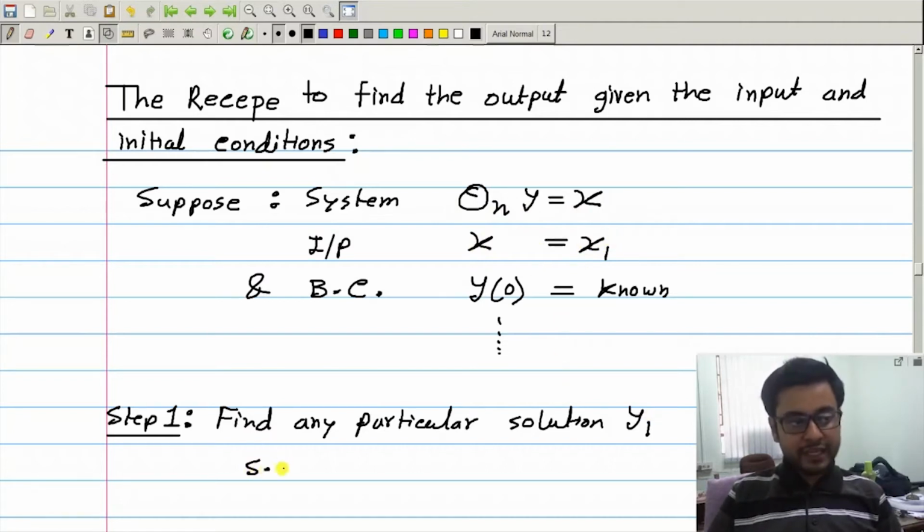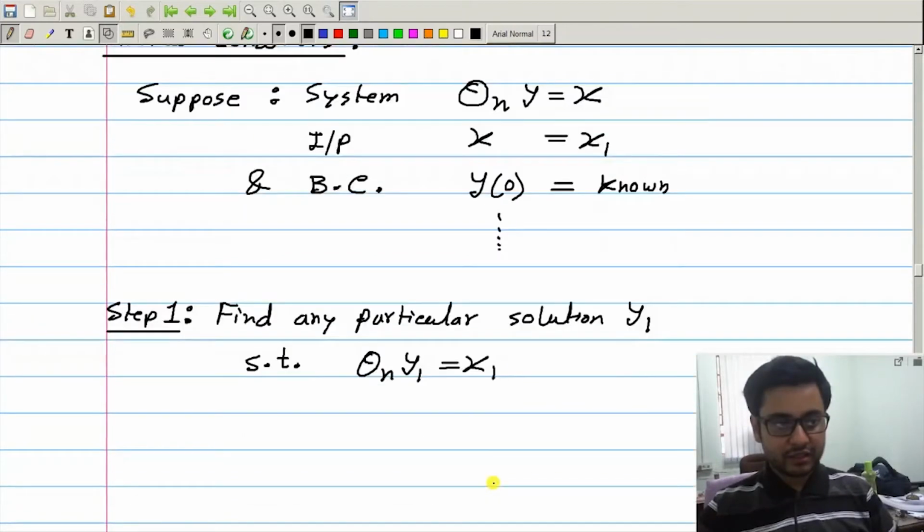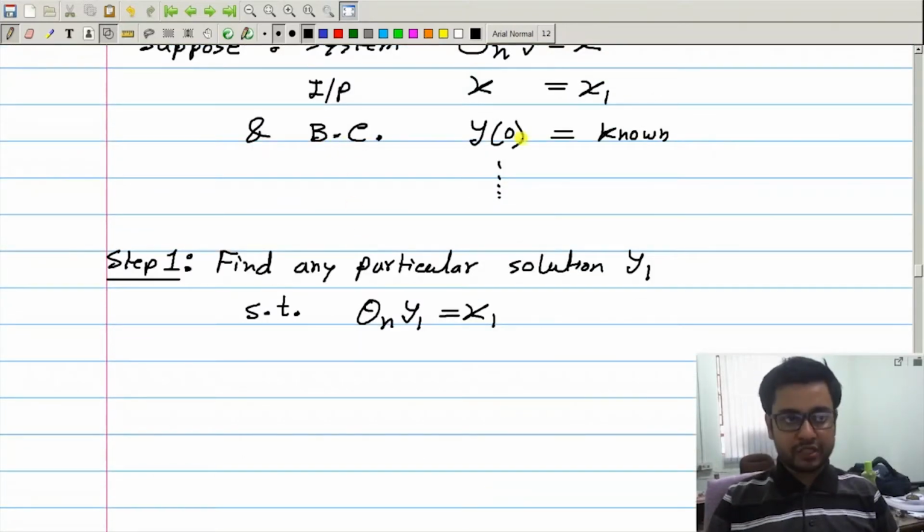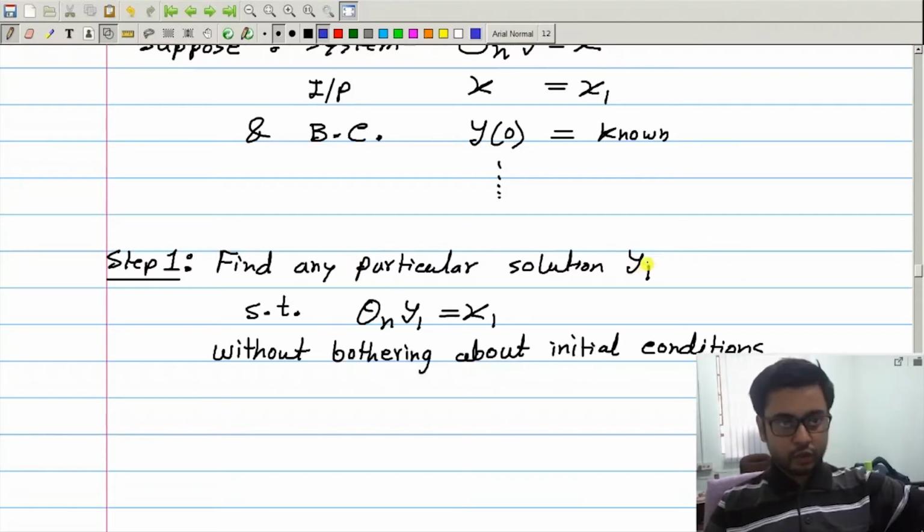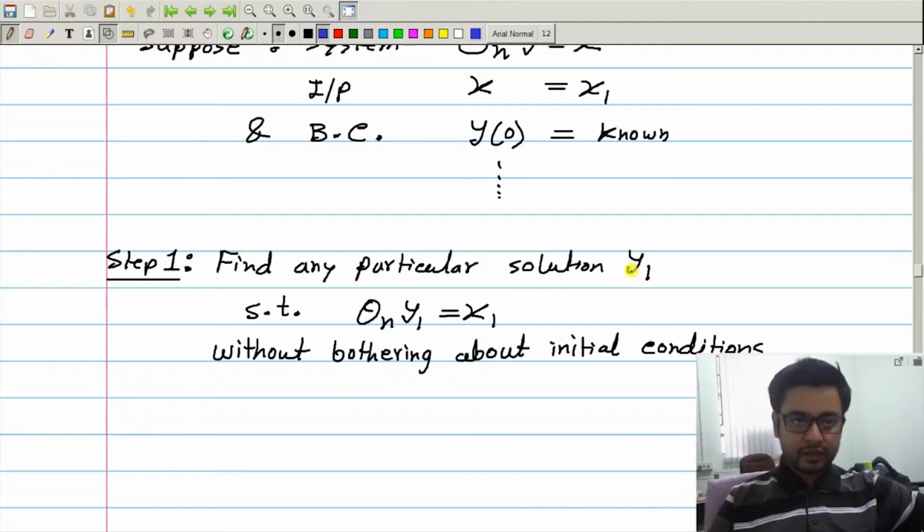So find any one solution such that Ly1 is equal to x1, without bothering about the boundary condition. So the boundary conditions or initial conditions need not be obeyed. Now how to get such a y1, that is what we shall see later.